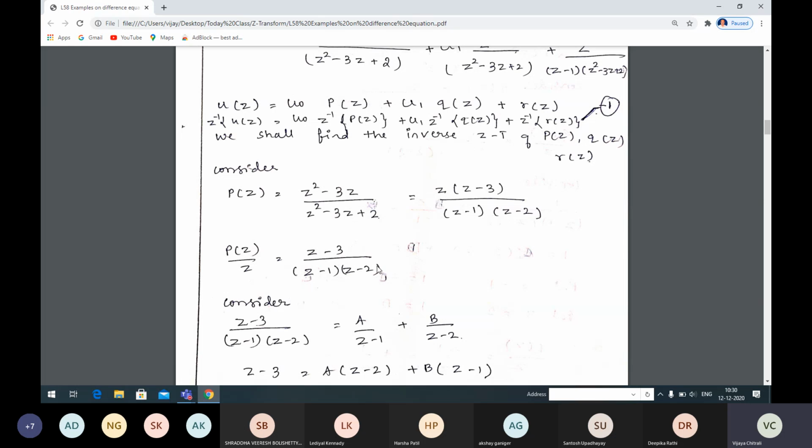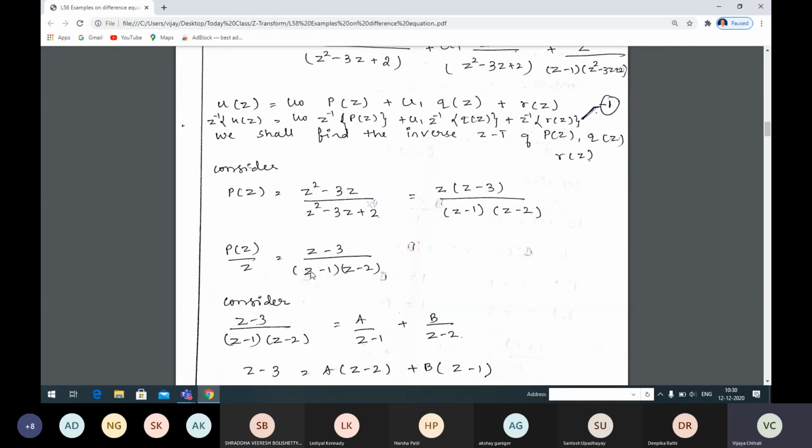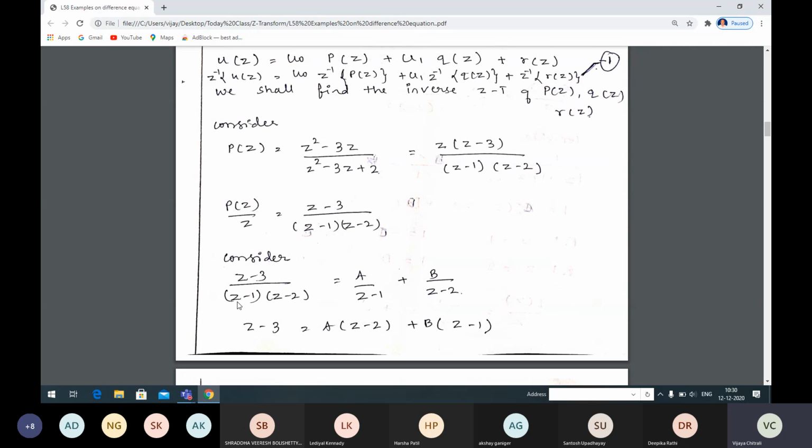So you resolve this by using partial fractions. So we can write this as a divided by z minus 1 plus b divided by z minus 2, right?